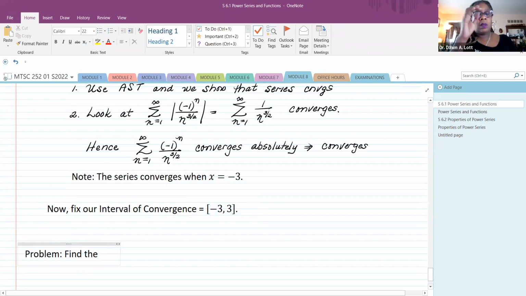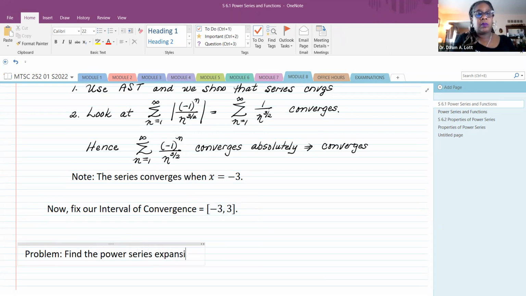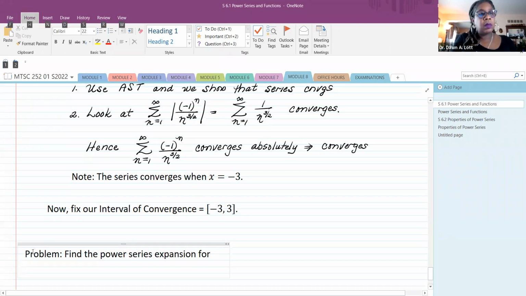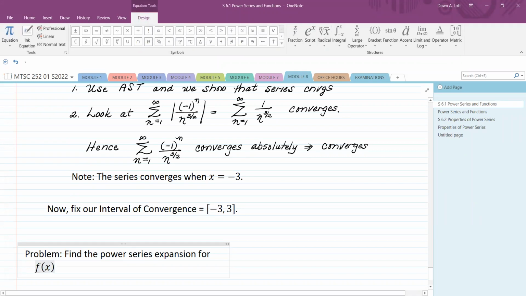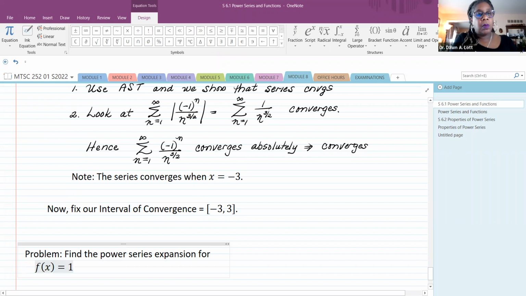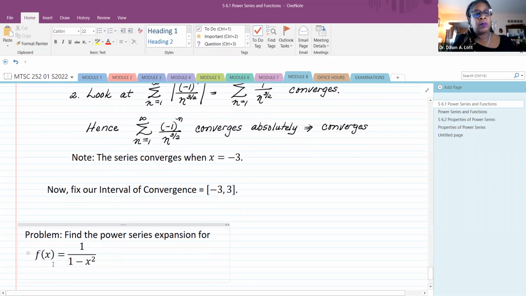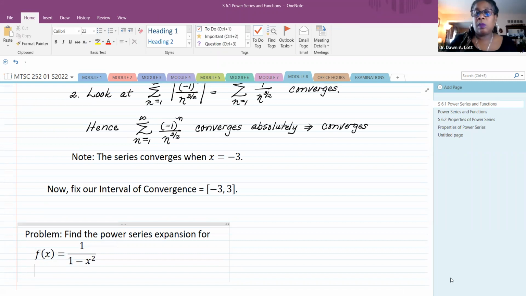Find our series expansion for f of x equaling 1 over 1 minus x squared. Okay, how would I do that?